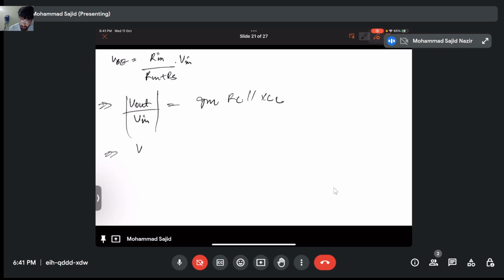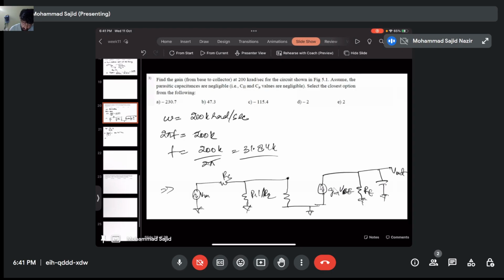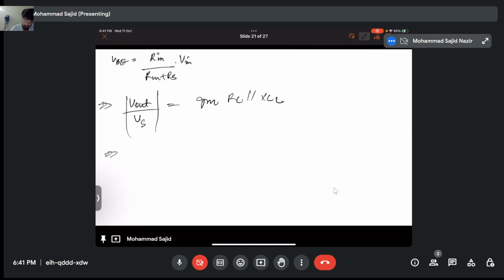This is not actually V in, this is VS. One second. Okay, we use V in here. This is VB, so it was actually V in. So V out by V in is equivalent to GM RC parallel XC.